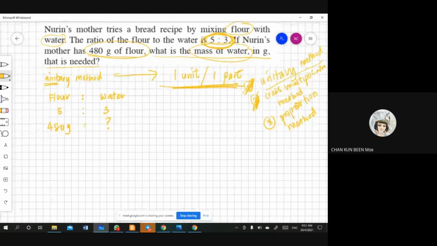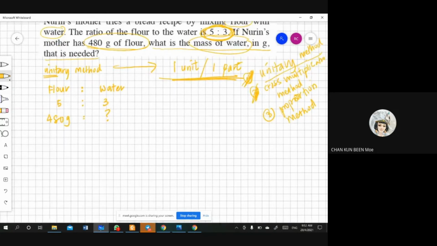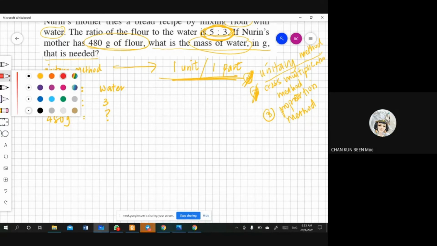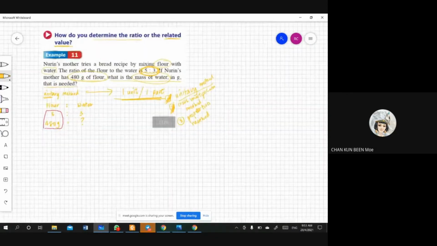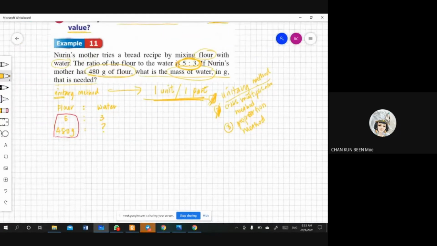Okay, so over here, we are going to continue with our calculation right now. So 5 parts of flour is equal to 480 grams. You can see from here, I use this color, this part. Okay, so I'm going to rewrite it in the form of parts first. 5 parts of flour is equal to 480 grams.